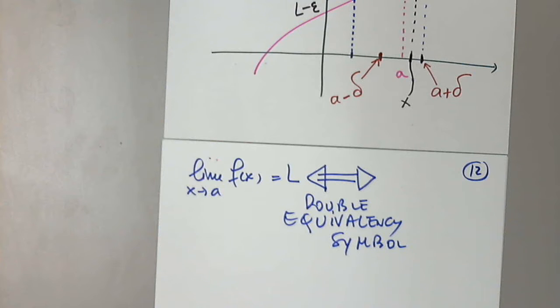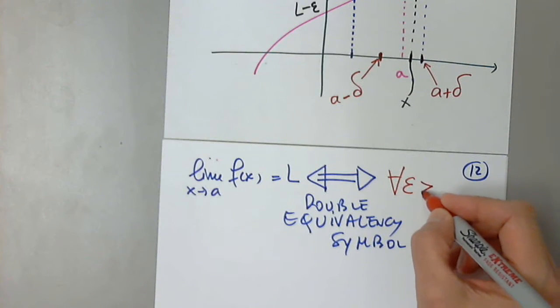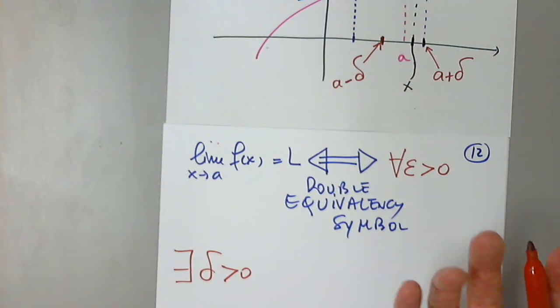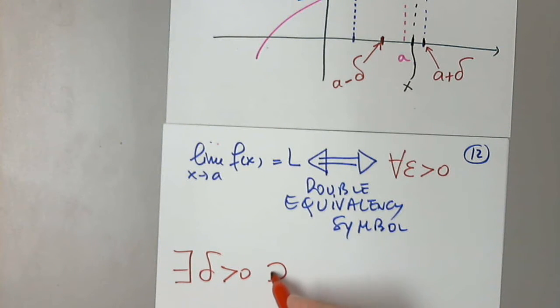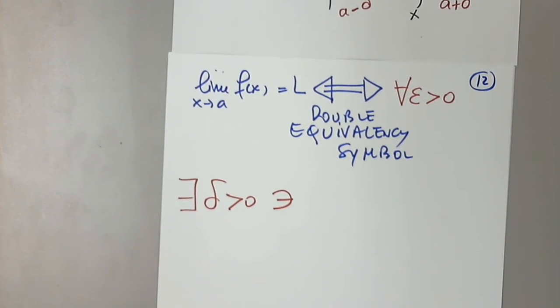So the limit of f of x as x approaches a is L means for every epsilon greater than 0, I'll continue underneath, there exists a delta positive, of course positive, such that, how do we write the distance between x and 0? Because I need something here, but I want to explain it before I write it.